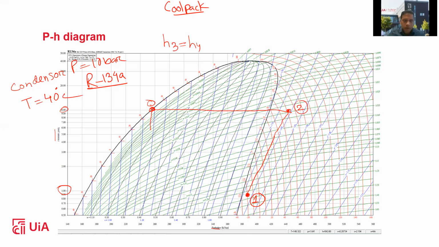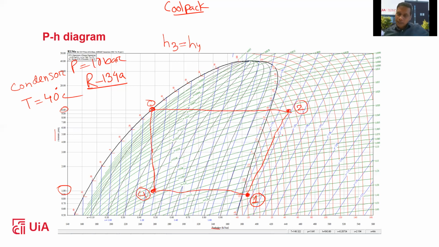Then you have to draw a straight line until in here. Sorry, my drawing is not good, it should be a straight line, and then you will reach point 4 in here. Then you can draw a line between these two at 1 bar. So that means at 1 bar you are going from 4 to 1.